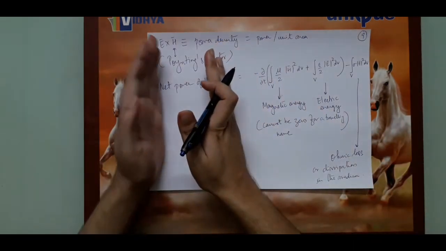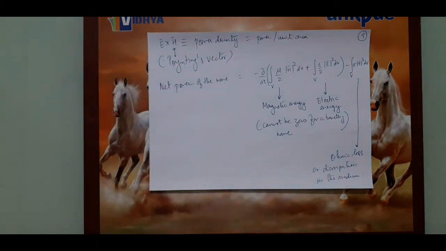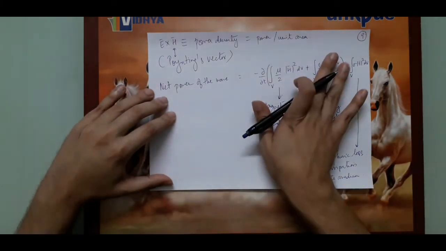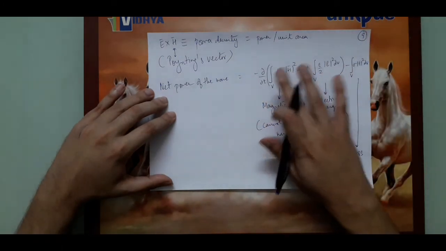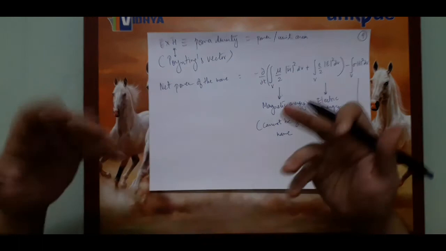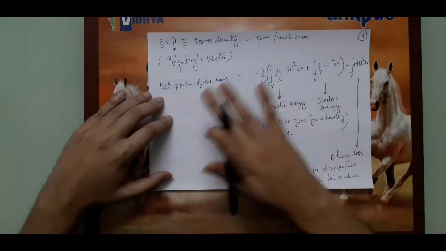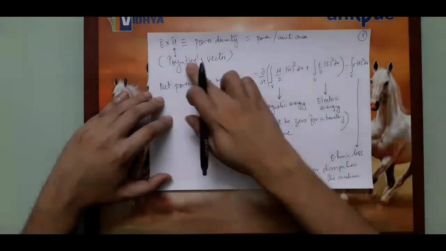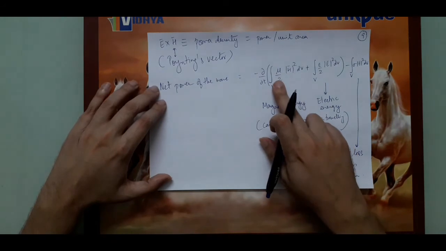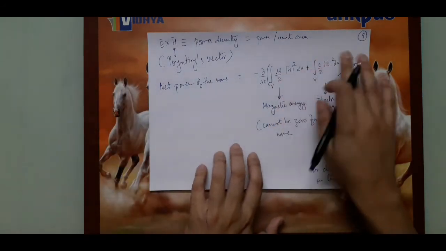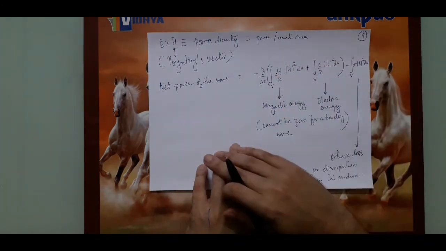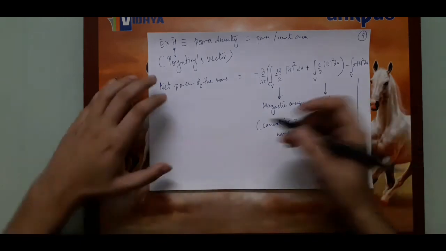So the left hand side, E cross H, indicates the total power carried by the wave, and that must be equal to the individual components which are either carrying the power or dissipating the power, as per the law of conservation of energy or power. This is called Poynting's vector, and the theorem which says that the net power of the wave is divided among the electric and magnetic energy components and the loss is called Poynting's theorem.